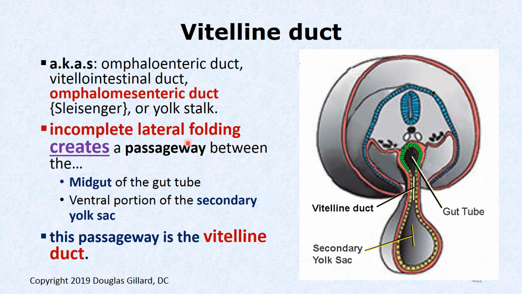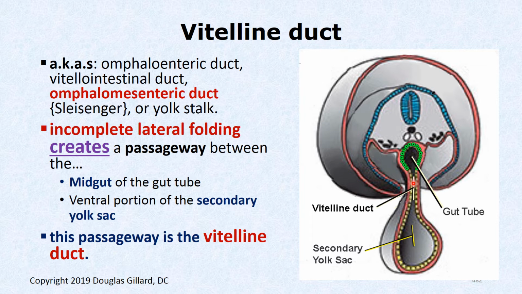Again, it's an incomplete folding in the middle, and here's our vitelline duct. You see how the gut tube is open. This actually will be the midgut, and we have a communication, and then we have a yolk sac. Now in animals and other mammals too, but not in humans, this is filled with yolk, like the yellow stuff in an egg, and that yellow stuff gives nutrients to all these growing cells.